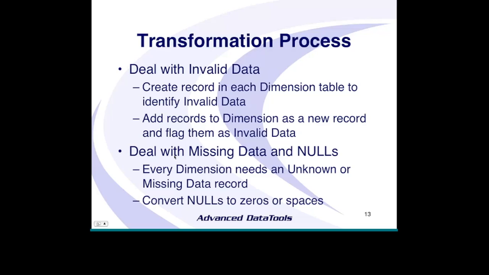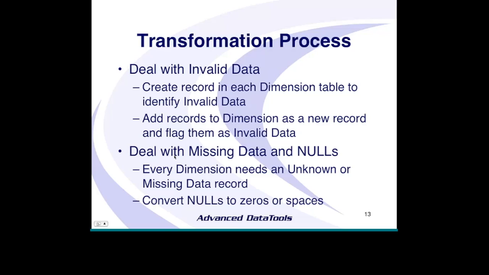The second part of missing data is nulls. I'm a big fan of not having nulls in the data warehouse. Going back to the product code, if a product code comes along as null, you need a dimension record that says this is null or unknown, and you assign that to that product code.